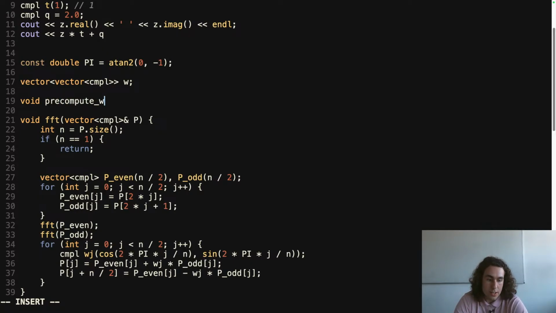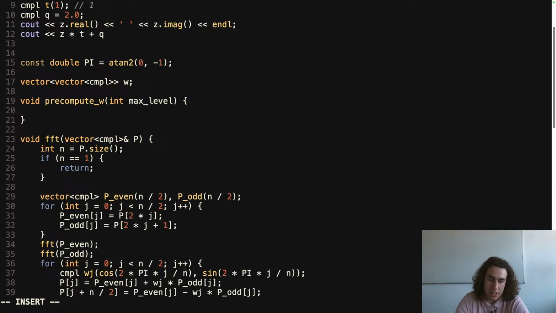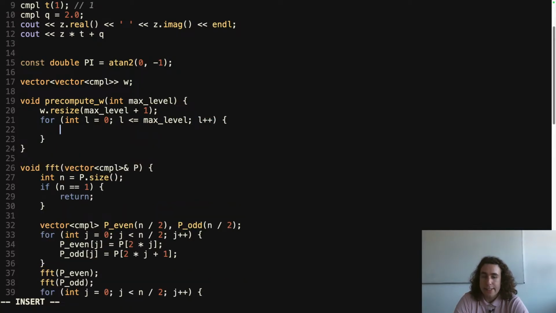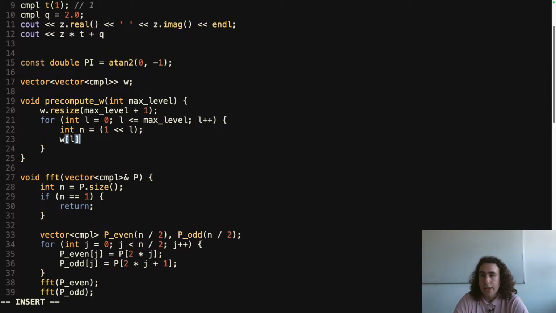We have precompute w. We take the maximum level as the input, the highest level of recursion. We resize w by max level plus 1. And we go over all levels, so we go for levels from 0 to max level. In this case, our current value of n is 1 shifted left by l, and we resize our vector with n.